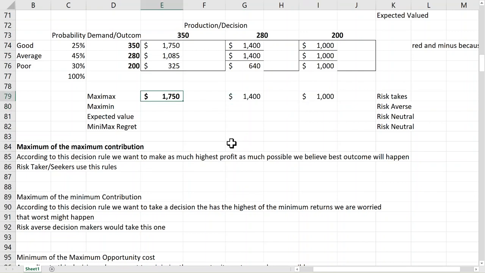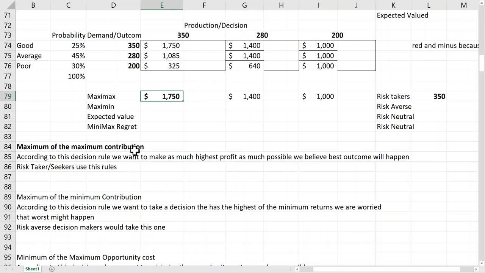You can see it is 1750. So 1750 is maximum of the maximum. Now this is not a decision. Decision is 350. So risk takers will decide on 350 units to be produced, because 350 will give them highest of the highest return.